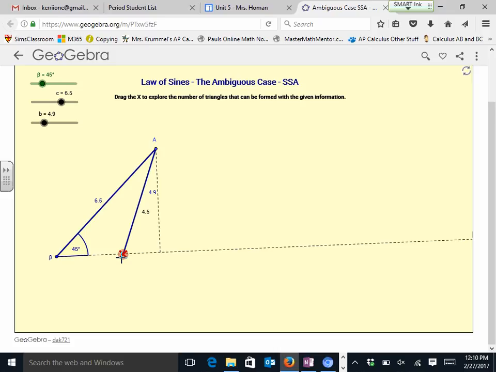Okay? Now, let's talk about this two solution case here. This missing angle C, I'm going to call that C1 for triangle number 1, and this angle C2 for triangle number 2.